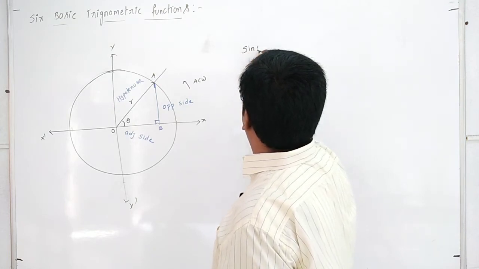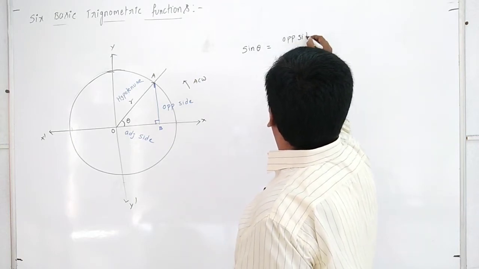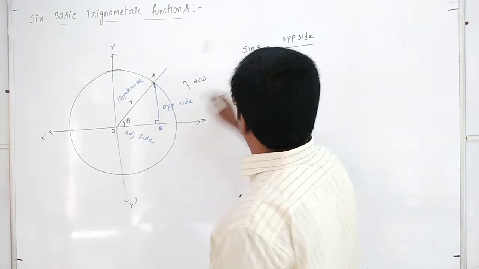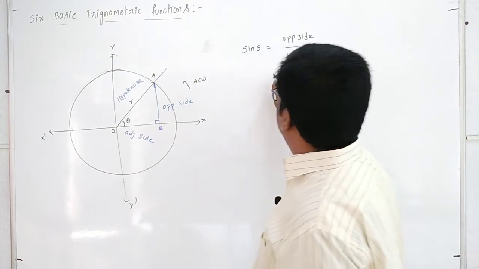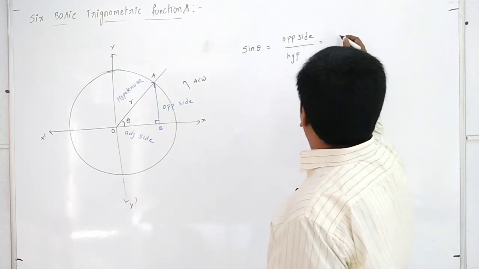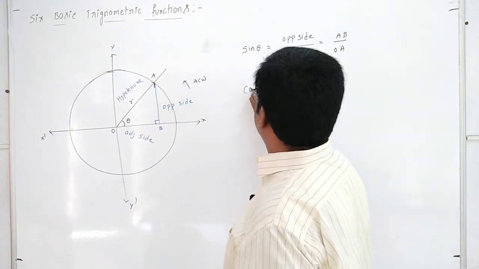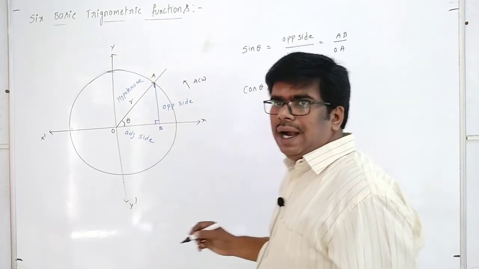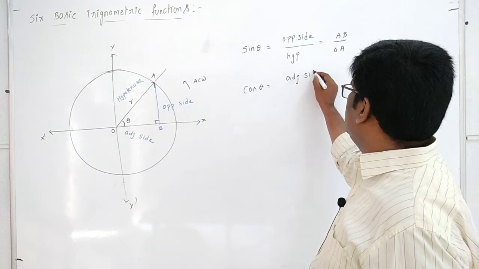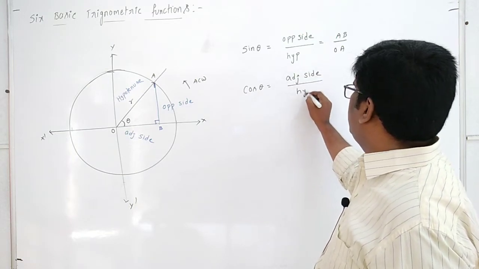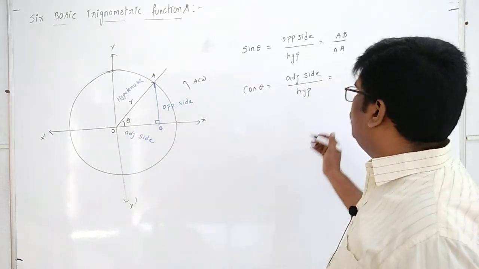Sin theta is nothing but opposite side by hypotenuse. The opposite side is AB, and the hypotenuse is OA. Similarly, cos theta is adjacent side by hypotenuse. The adjacent side is OB, and the hypotenuse is OA.